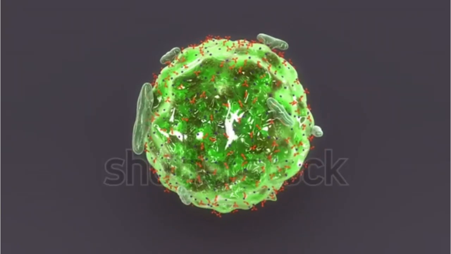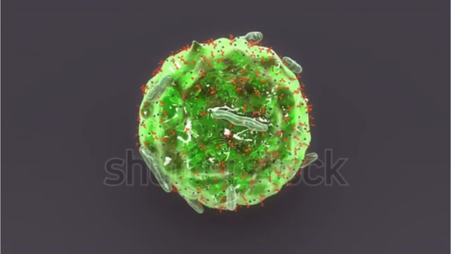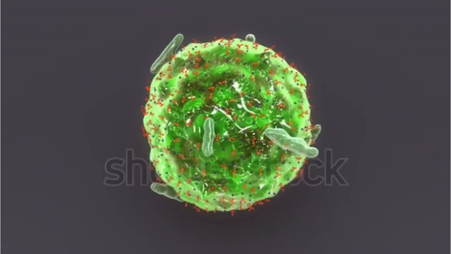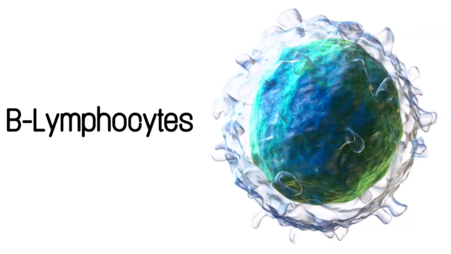The lymphocytes can be further classified into two types. Lymphocytes exist in two major groups in circulation, that are B lymphocytes and T lymphocytes. Sometimes we'll also refer to them as B cells and T cells. B cells, that means bone marrow derived cells. They produce antibodies and immunoglobulins.